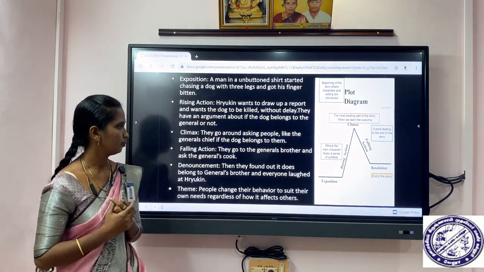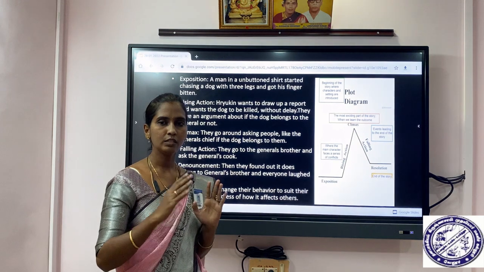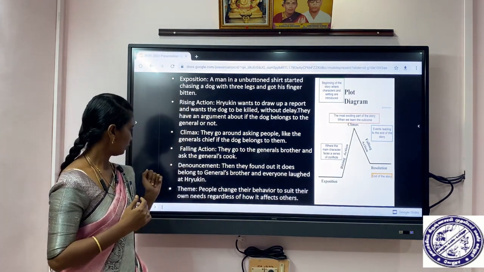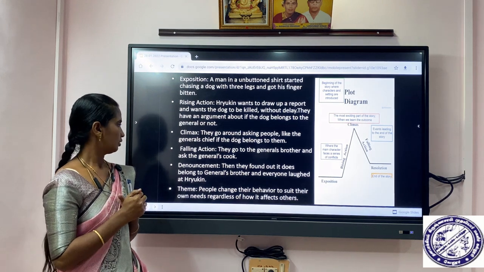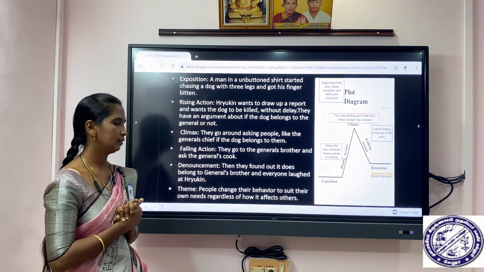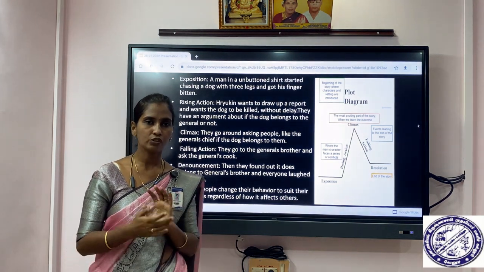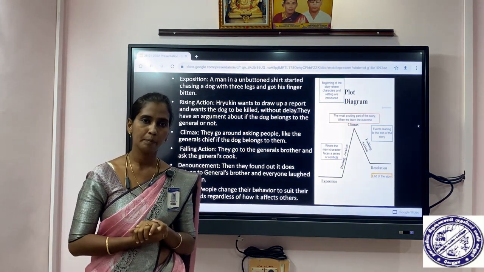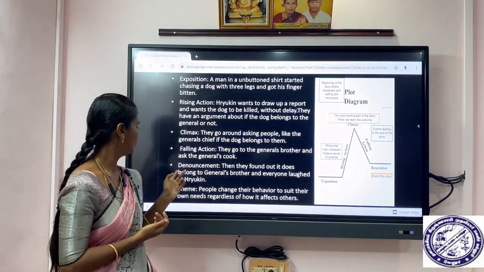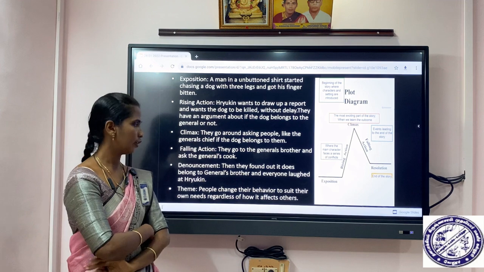And falling action. So what is falling action? The events leading to the end of a story are called the falling action. So here in the story, the falling action is when the general's cook comes and declares that the dog is not the general's but the general's brother's. So resolution is the end of the story.